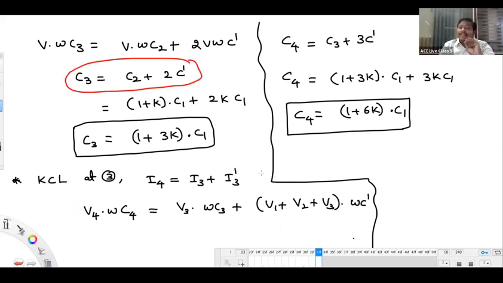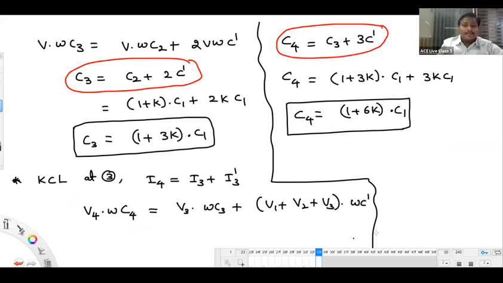C3 is C2 plus 2C dash. What is C4? C3 plus 3C dash. What is Cn? Cn minus 1 plus n minus 1 into C dash.